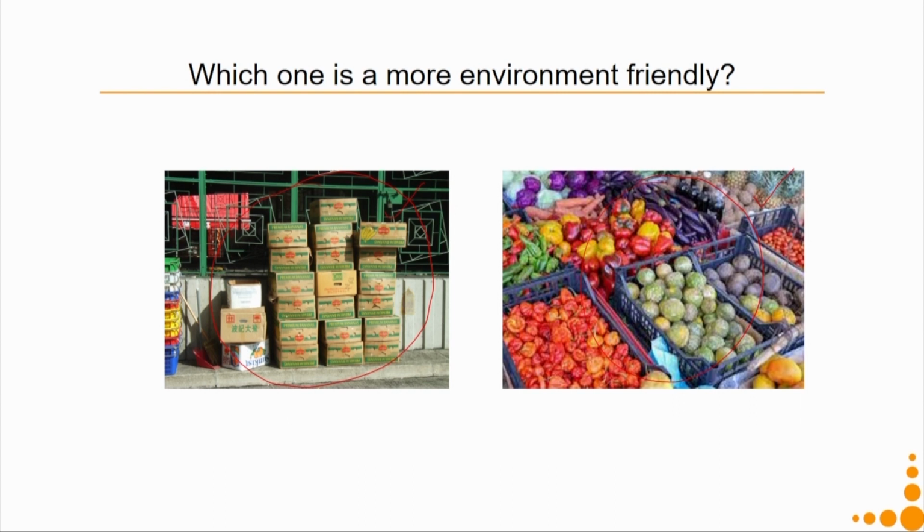The paper crates, on the other hand, can be used only once. After that, they have to be discarded. So, now imagine a truck which is bringing fruits and vegetables from place A to a market in place B, comes with a truckload full of fruits and vegetables in plastic crates.